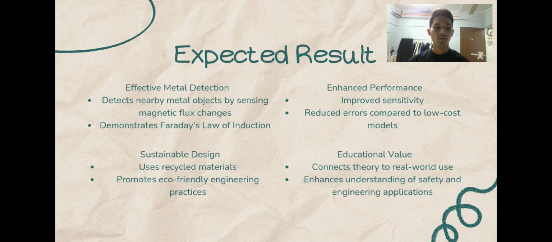Next, we expect better performance compared to basic models, with improved sensitivity, fewer detection errors, and more efficient coil design. We also aim to support sustainability by using recycled materials where possible, promoting eco-friendly engineering. And finally, this hands-on experience strengthens our understanding of electromagnetic principles and shows how they apply to real-world safety and engineering.